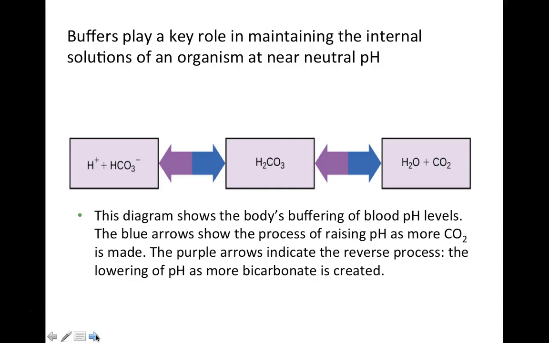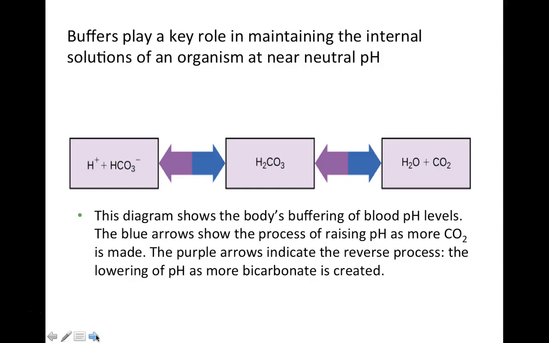So CO2 is one of those waste products from metabolism of our cells, and some of that CO2 actually dissolves in the water in and around our tissues and in our cells, and has a buffering capability when it combines with some of the water.